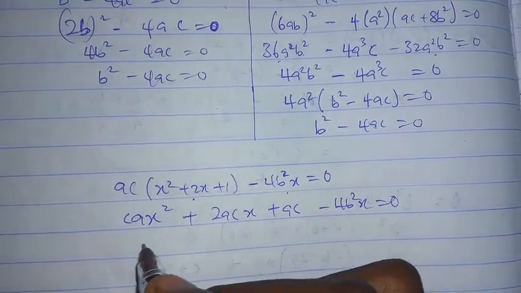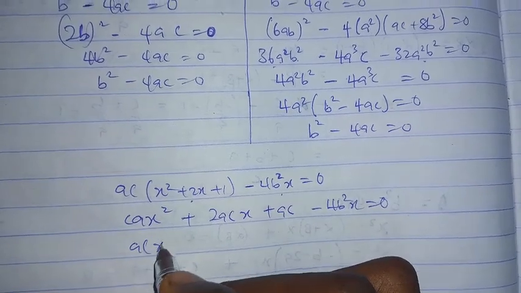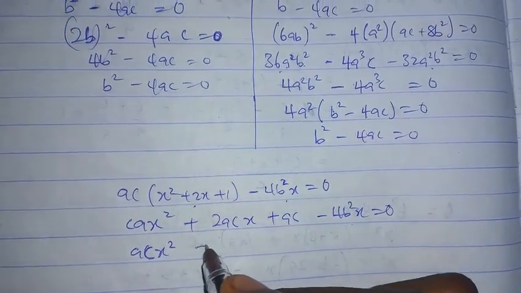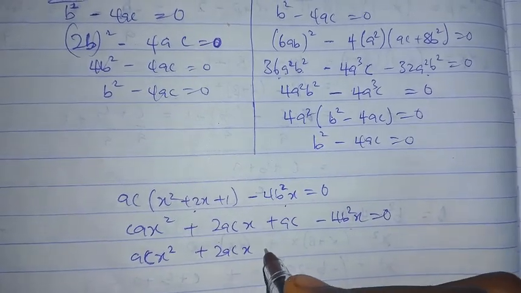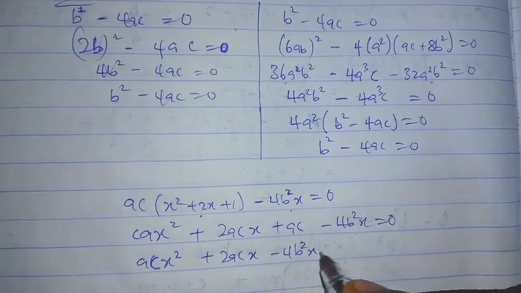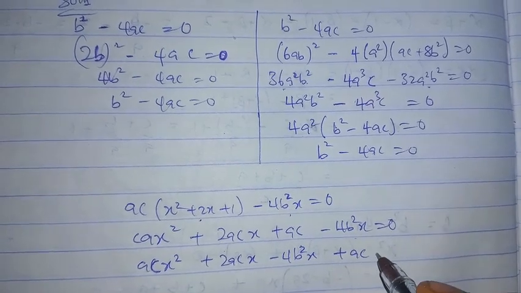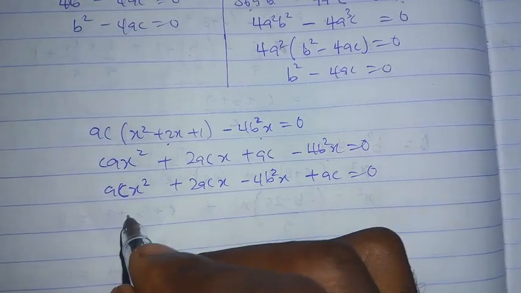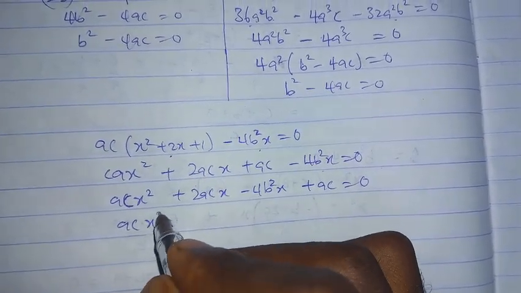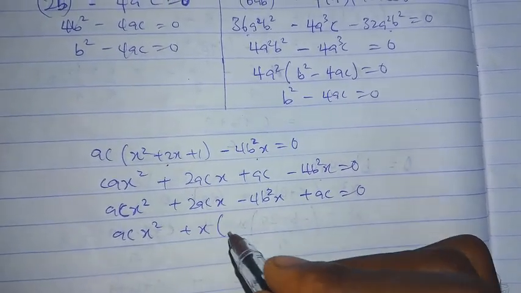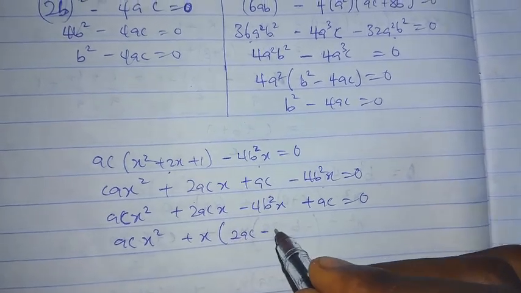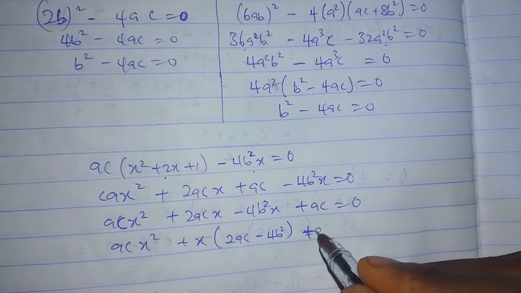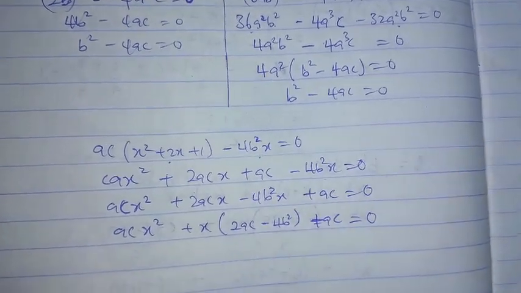Now, for x squared, I have acx squared. For x, I have this and this, so plus 2acx minus 4b squared x. For constant, I have only ac, equals 0. Now on grouping this, it becomes acx squared plus, if x comes out, what remains? 2ac minus 4b squared, plus ac equals 0.